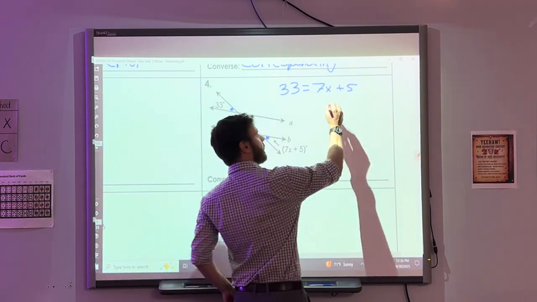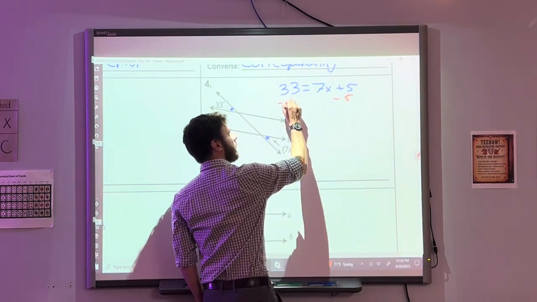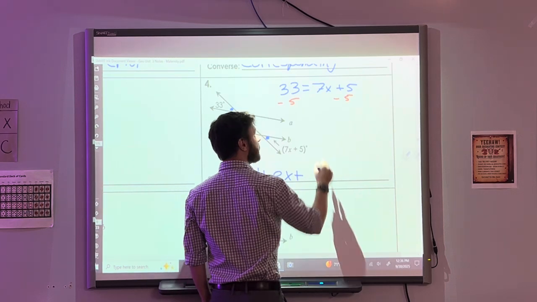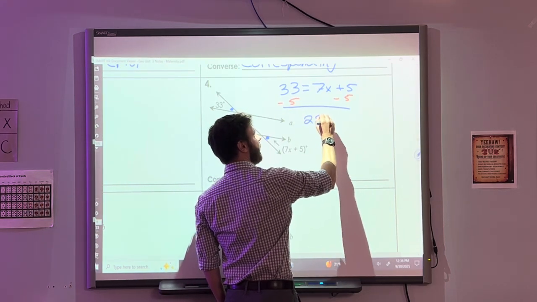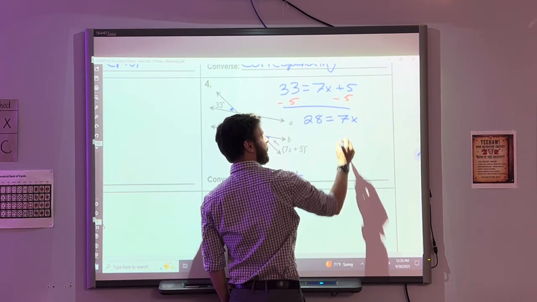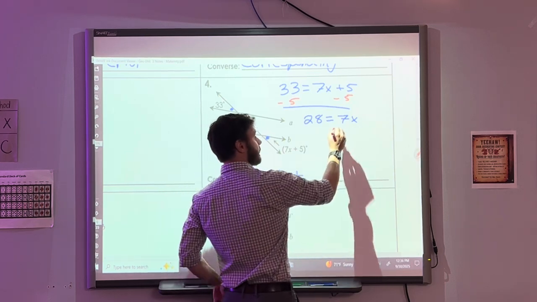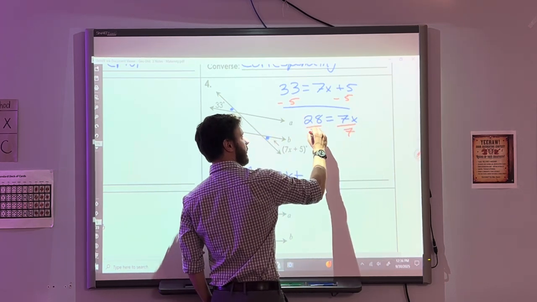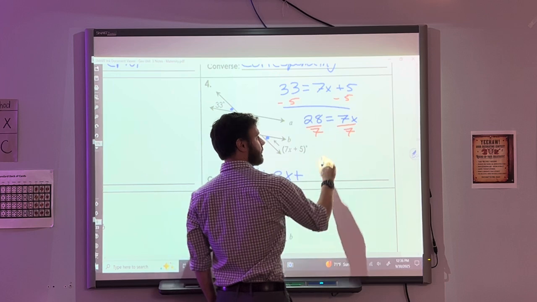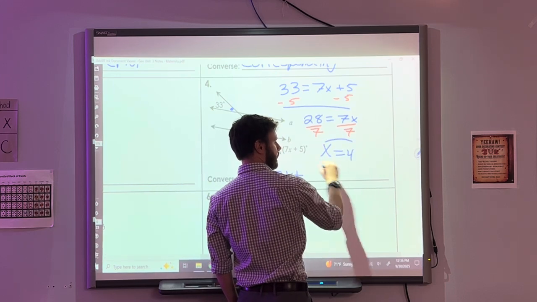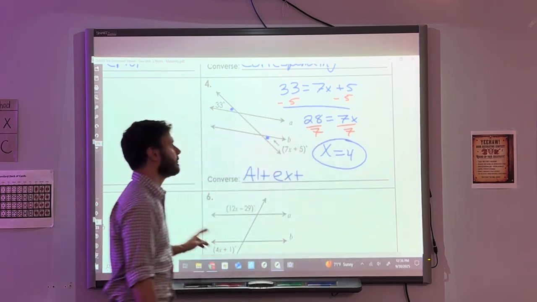Move the 5. Equals 7x. Divide by the 7. X is 4.